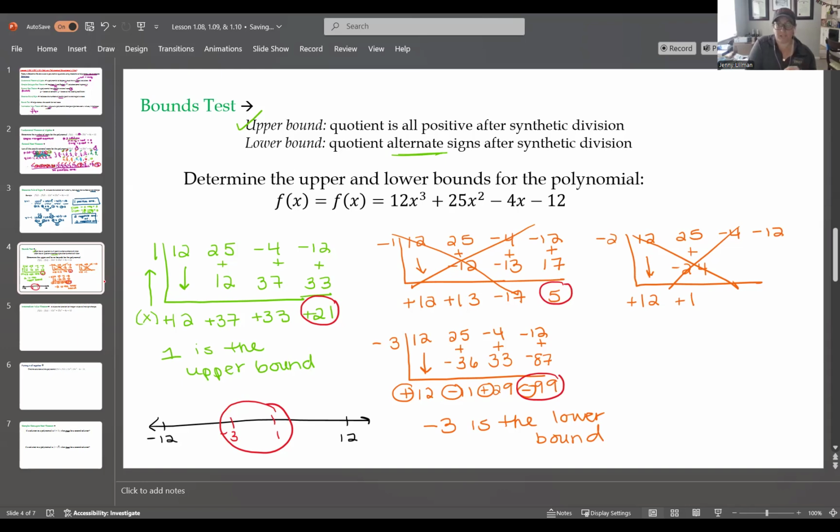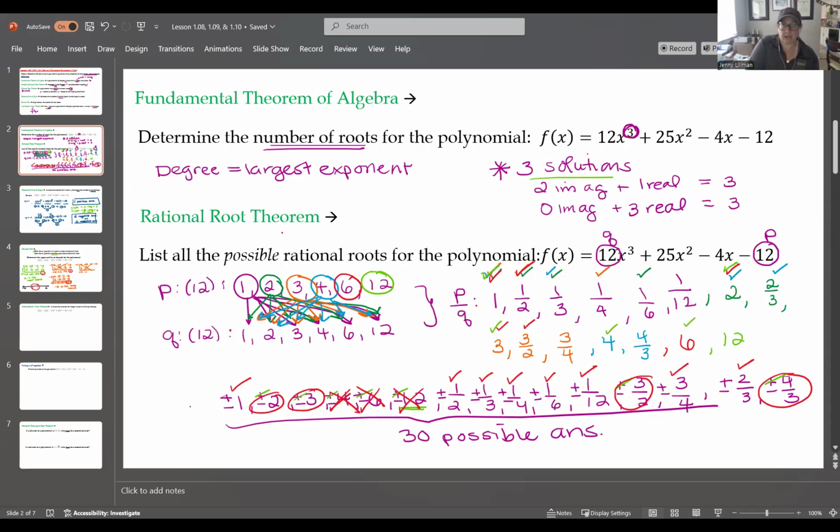Potentially. Realized I didn't finish -2, so I'll say potentially for a second. Okay, so if it doesn't give you a remainder of 0, we could technically eliminate 1, -1, and -3. We didn't finish -2, so I won't eliminate that. But I can eliminate, I guess, positive and -1. -3 can go. So -2, I don't know. All the fractions stay.